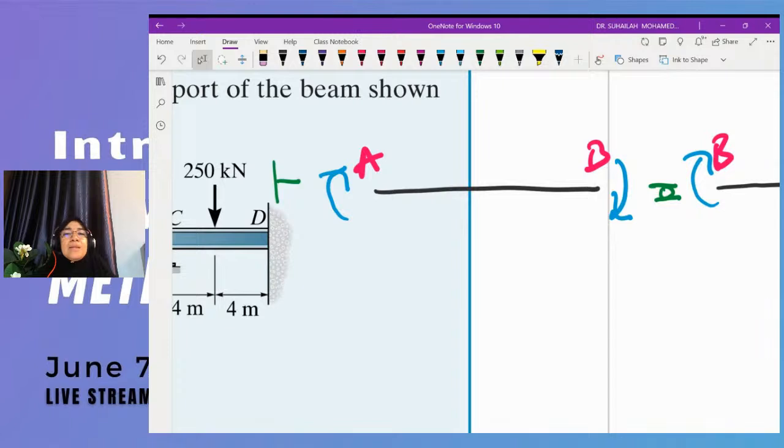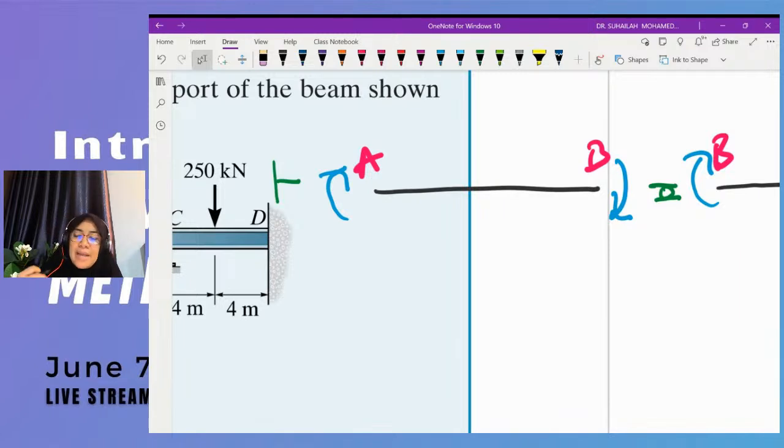The sign convention mentions that the moments that act on the member are clockwise positive. That is the member end moment. However, at the joint, the moment is opposite to the member end moment.